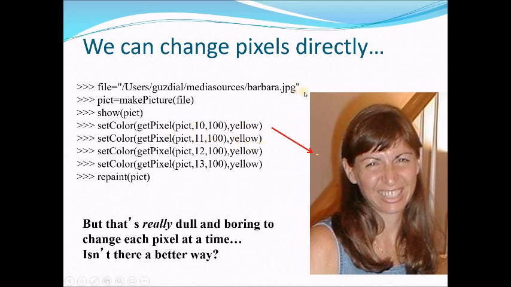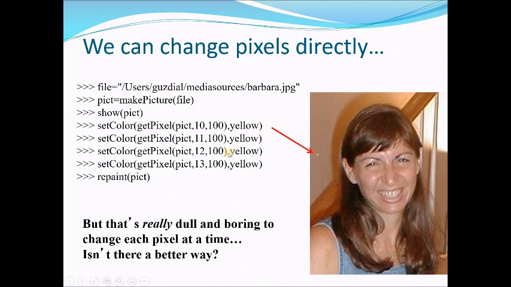Remember, in the picture this side is the y-axis and this side is the x-axis. In this instruction you see the y-axis is not changing, it's fixed at 100, but the x value is changing. That's why we see a line on the x-axis side, which is the horizontal line.